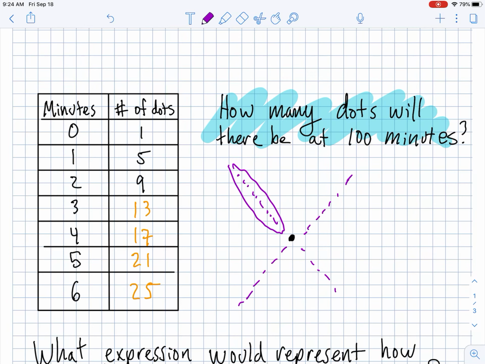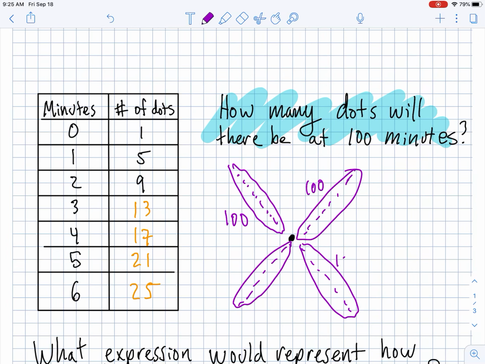I'm not actually doing 100, I'm just showing that's how many they go off. These would all be matching sizes, because the pattern was that every time they grow 1 more in the corner. It's just at the same rate. So I think that each of these would have 100 dots. So you get this purple butterfly, plus you got that one in the center. So I think this is going to be 401 dots.